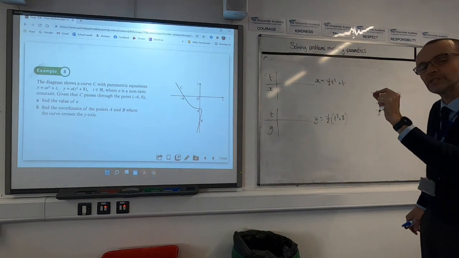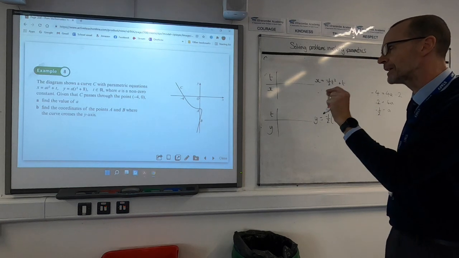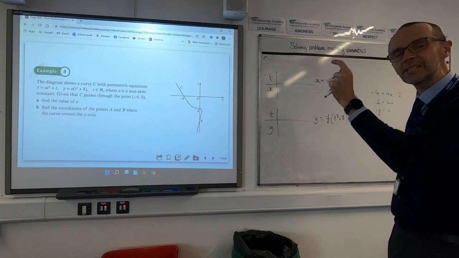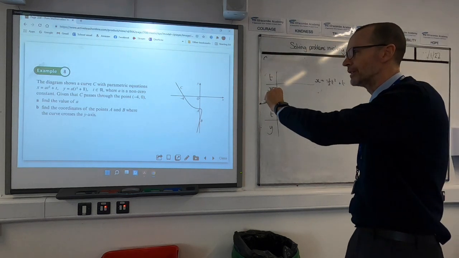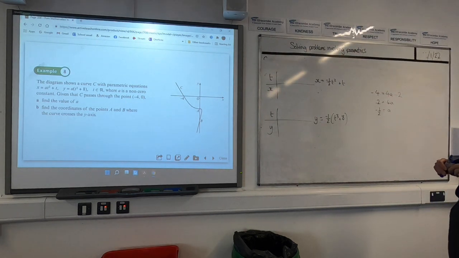So individual coordinates on a parametric function will have the same value of t for both x and y, so we can use that to solve problems.